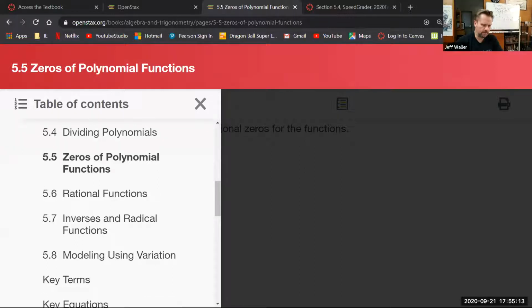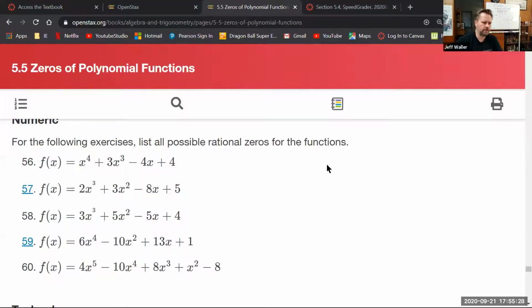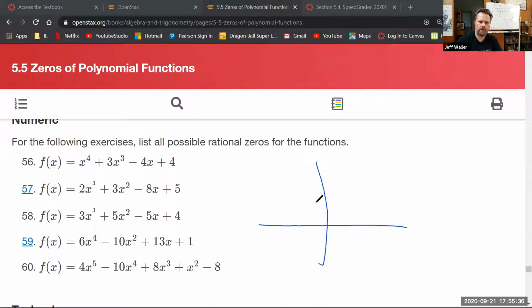If our max and min are off, it's okay because you don't want them exact, unless they say use the calculator to find the max or the min. Otherwise, you're exactly right. Somebody asked me if our max and min is off, is that okay? In fact, I almost desperately want them to be completely wrong. It's a situation where we know it's here, and we know it's here, and we know it's there, and we know it turns here.